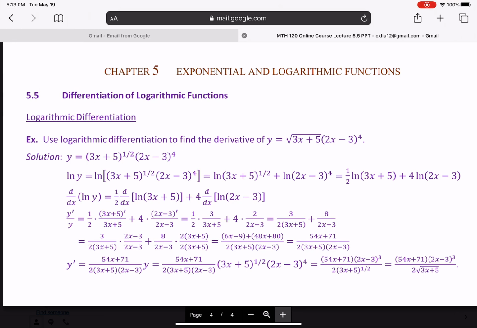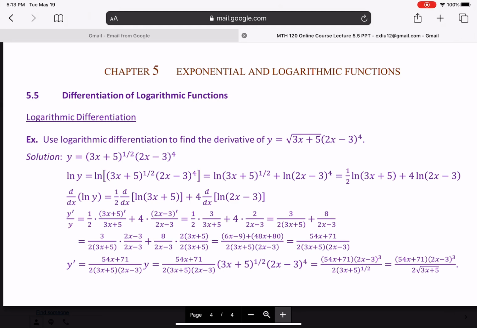And then we get 6x minus 9 plus 48x plus 80 on the top. Simplified, we get 54x plus 71. And the denominator is just 2 times (3x plus 5) times (2x minus 3).